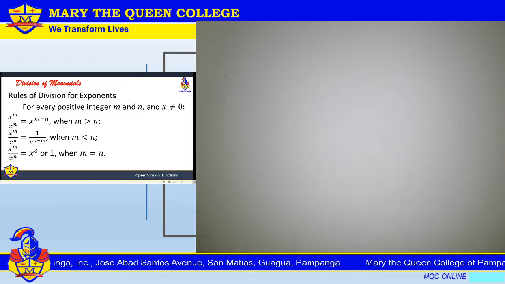Then, the second rule, we have x raised to m divided by x raised to n is equal to 1 all over x raised to n minus m when m is less than n. So, baliktad naman po. Kapag mas mataas yung exponent ng denominator kaysa sa numerator, isasubtract lang po yung exponent ng numerator sa exponent ng denominator.